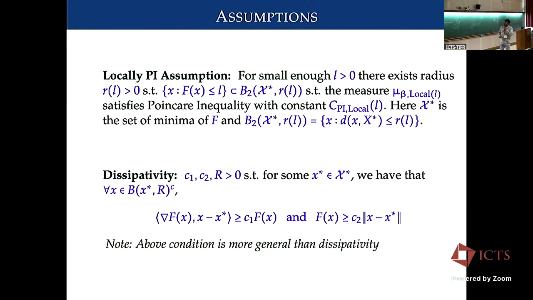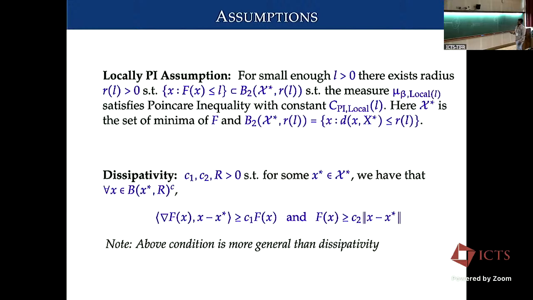There's another condition that I'm going to write down here. In the literature, a slightly stronger version of it is called dissipativity, but for all practical purposes they are similar, so I'm going to call it dissipativity as well. It basically says that there is a large enough radius such that once I go far out, the function has a property that looks like convexity, in that the gradient is pointing towards the minima.